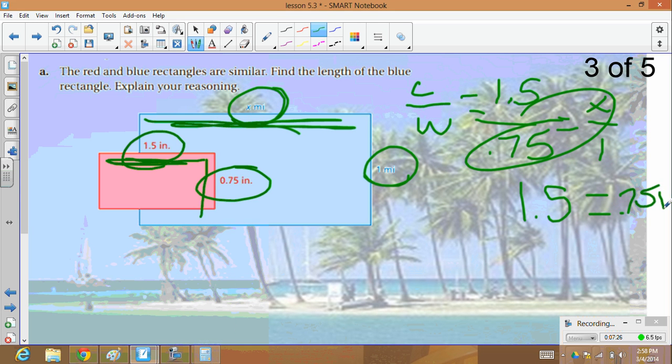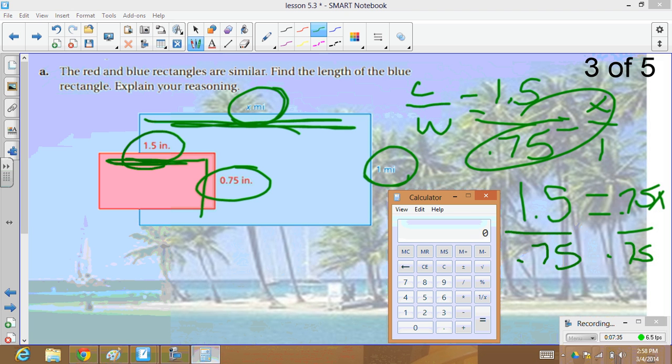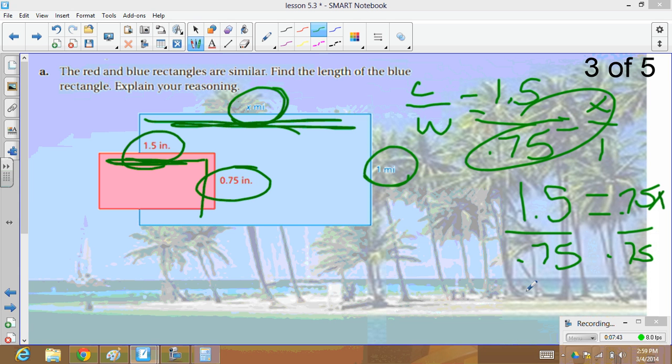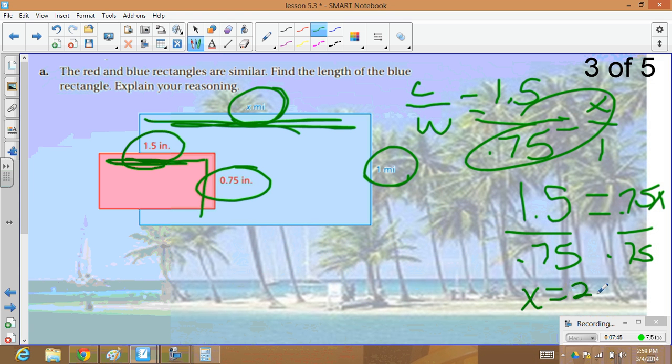So the goal is to isolate x, so we divide both sides by 0.75. So you can use your calculator for that. 1.5 divided by 0.75, and I get x is equal to 2. So that means this missing side here has a length of 2.